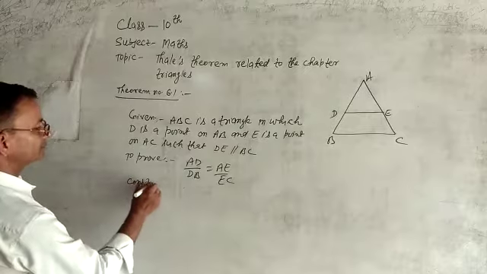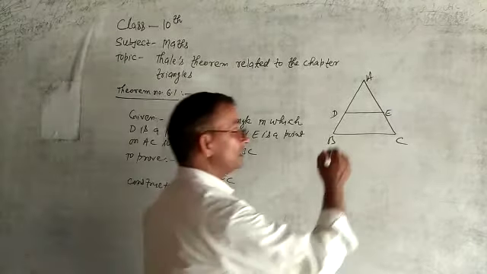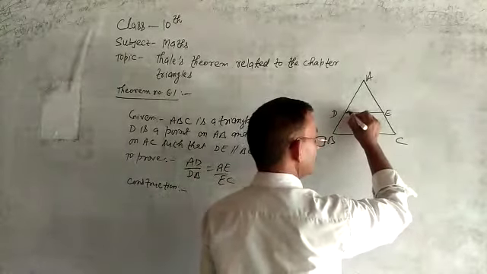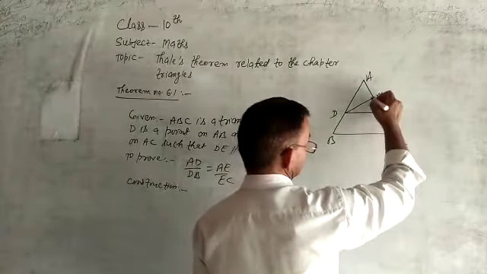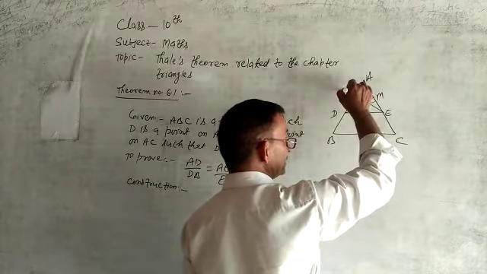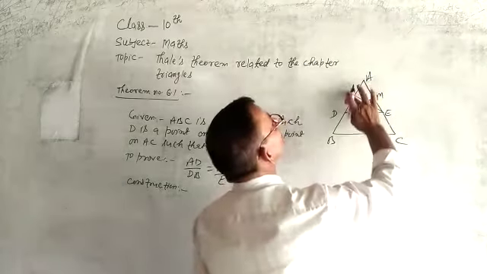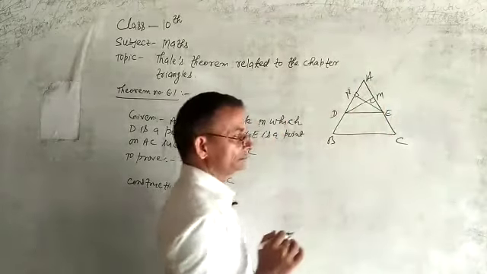Construction: Draw DM perpendicular on AC and EN perpendicular on AB.